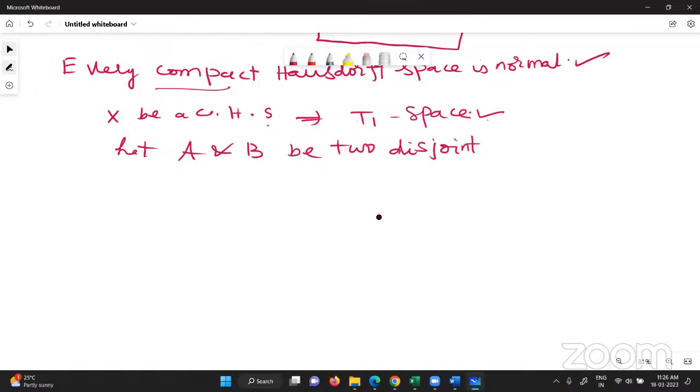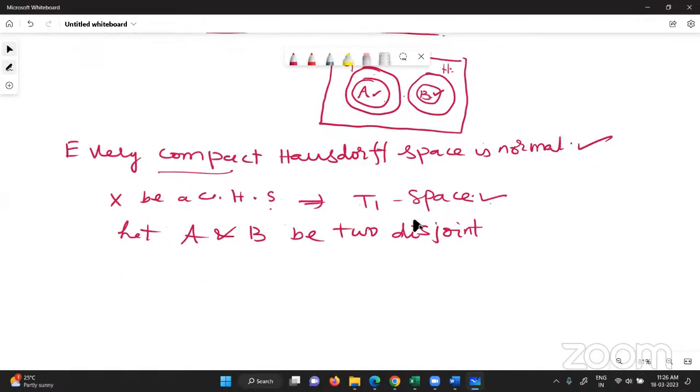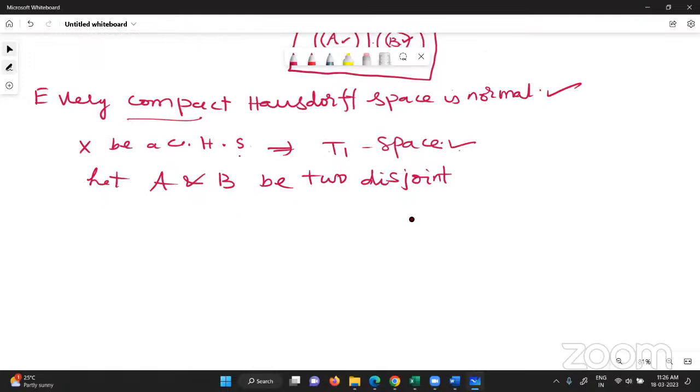To prove X is a normal space, you have to prove that for two disjoint closed sets A and B, there exist G and H such that G intersection H is empty. For that, let A and B be two disjoint closed sets in X.